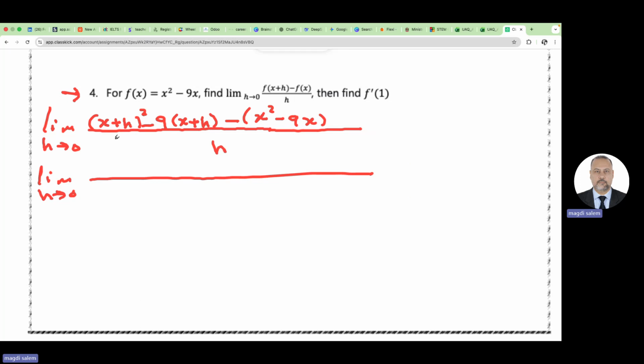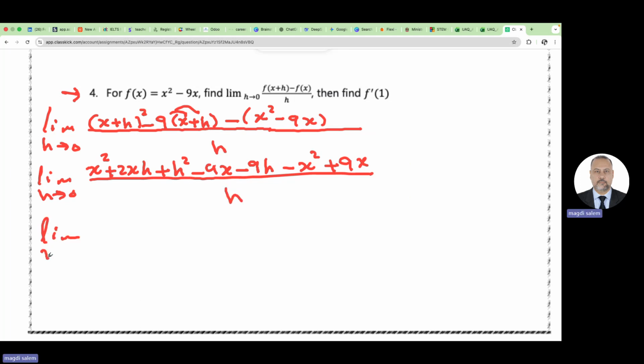Use the square brackets formula: x squared plus 2xh plus h squared. Use the distributive property: negative 9x and negative 9h, and then minus x squared, and negative times negative is positive 9x, over h.